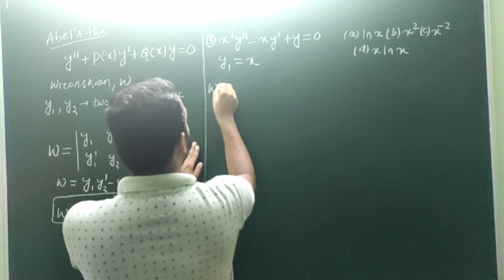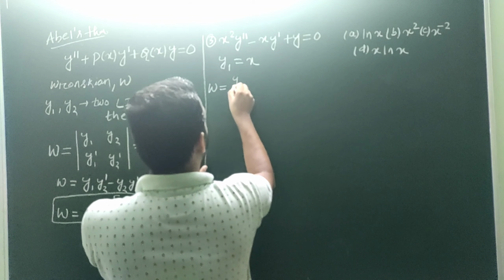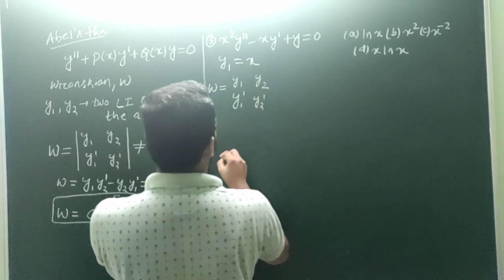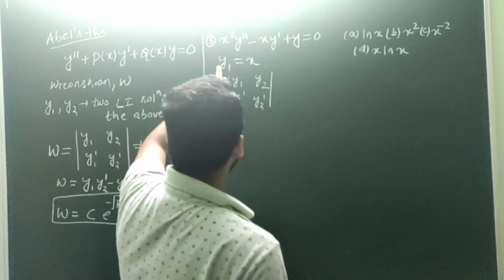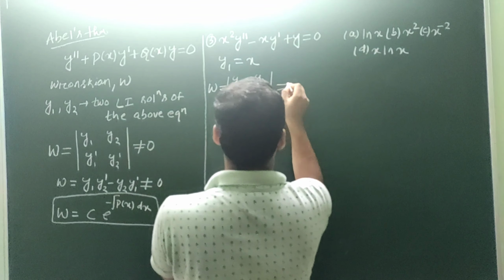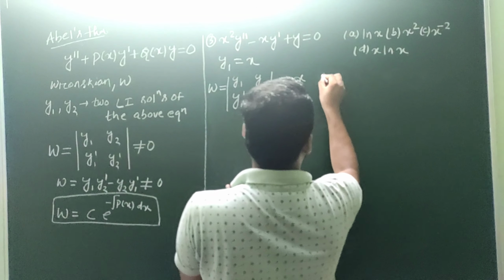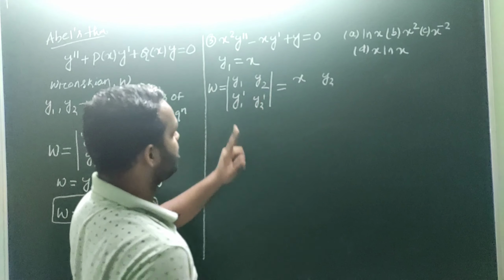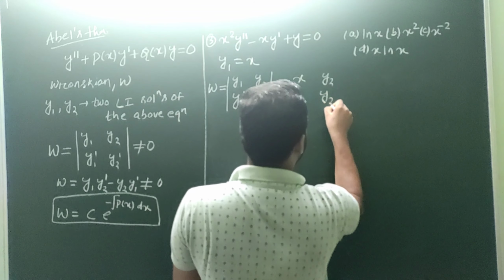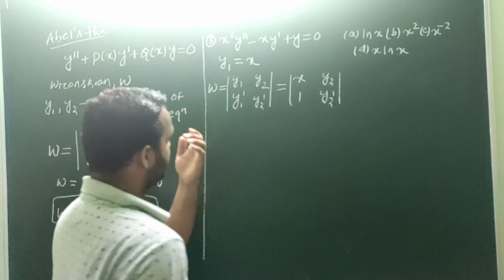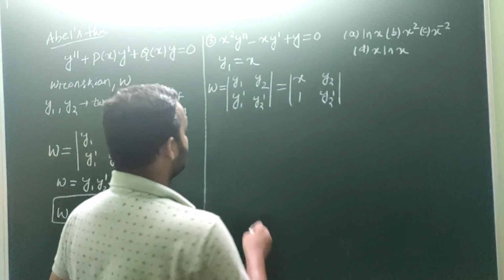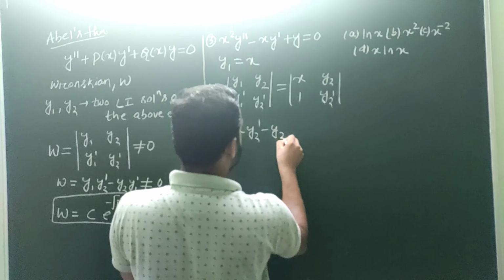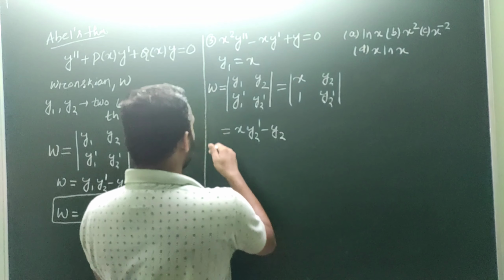You can find the Wronskian as the determinant of y1, y2, y1 prime, y2 prime. y1 is x here, so put this value: x, y2, and the differentiation of x with respect to x is 1, and y2 prime. If you find this determinant, it gives x y2 prime minus y2, and this is the value of W we get.